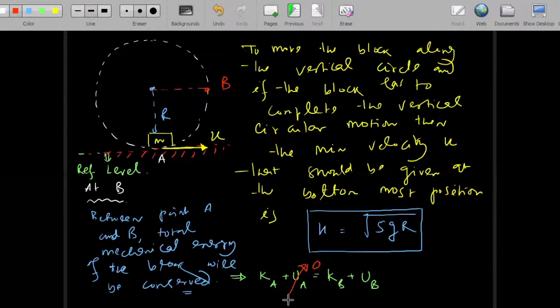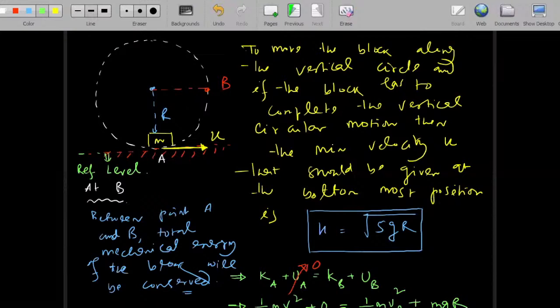Okay, so we can write half m v_A square plus 0 is equal to half m v_B square plus, at point B, potential energy is mgr.